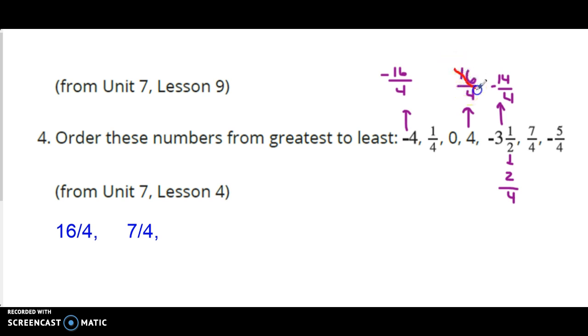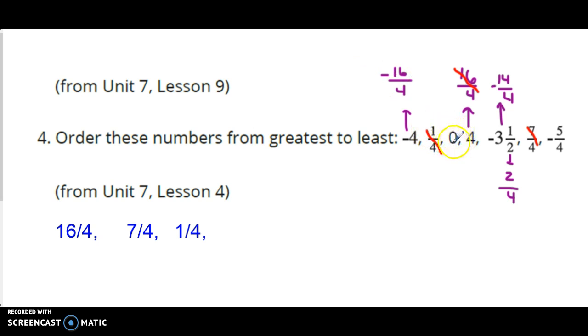I use 16 fourths. I use 7 fourths. Do we see any other positives? That's a negative, negative 1/4. That's my next positive, 1/4. And then other than 1/4, I'm left with negatives.